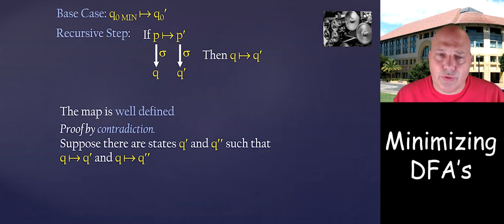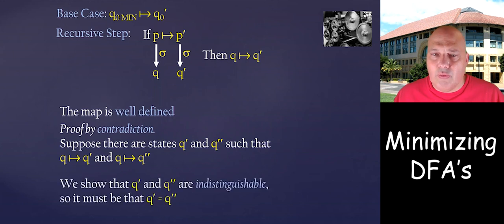We'll prove it by contradiction. Suppose that there are states q prime and q double prime, such that q is mapped to q prime and q is also mapped to q double prime. We are going to show that q prime and q double prime are indistinguishable. And since q prime and q double prime are indistinguishable, they have to be the same. Why do they have to be the same?